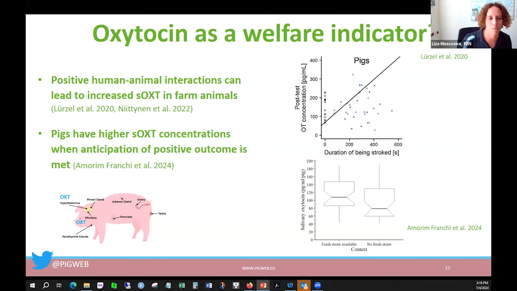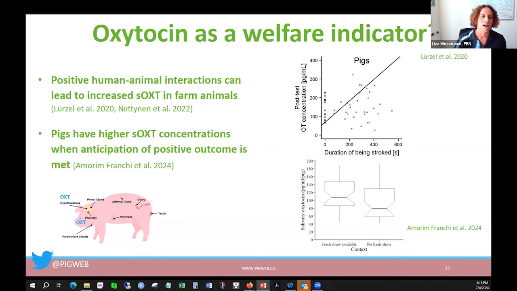Other situations that are more promising: some positive human-animal interactions lead to increased salivary oxytocin. This is an example with pigs who are receiving more stroking from a human caretaker who they know, who they like, and have increased salivary oxytocin. And we also have some evidence for this in horses with a positive training experience.